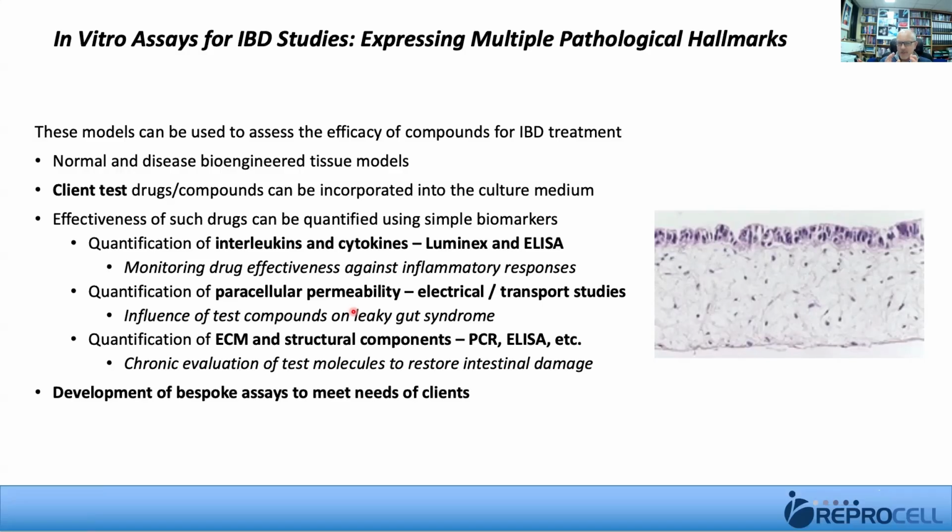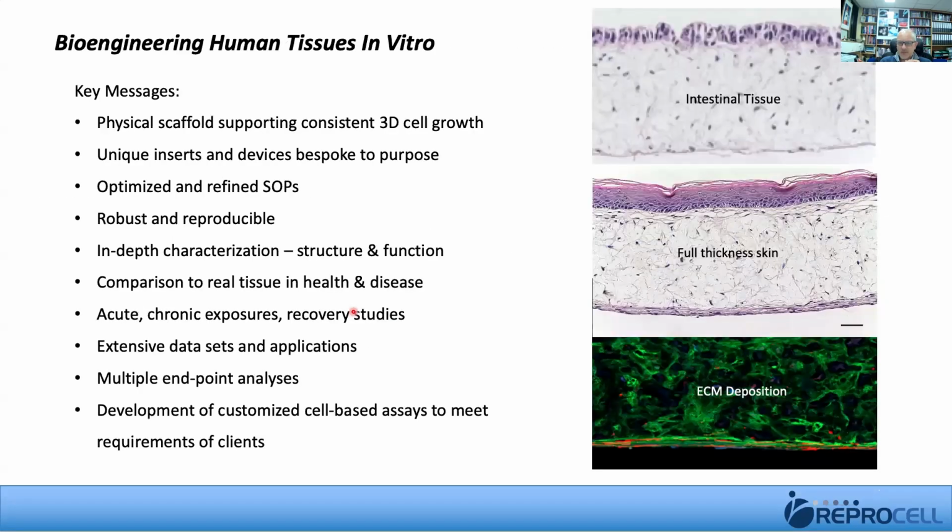There are various endpoint assays depending upon what you're interested in: quantification of interleukin cytokines by Luminex and ELISA approaches, paracellular permeability, electrical transport studies, and of course looking at ECM structural components and their turnover through gene and protein expression assays. And we work very closely with the clients to develop the assays required for their needs.